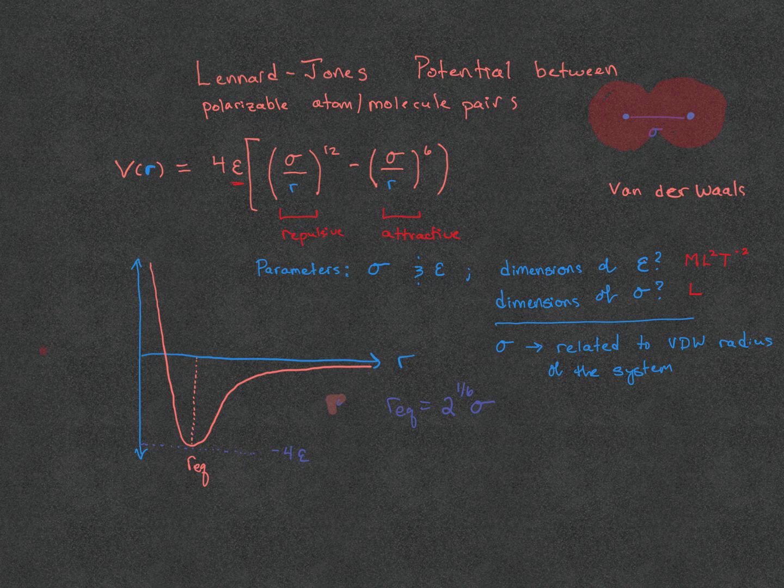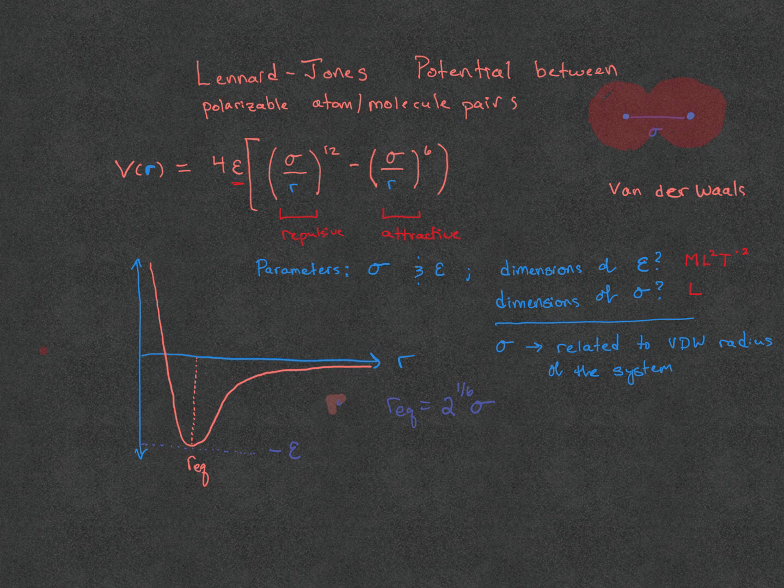Then you get the value of the minimum of the potential at that separation, and it's closely related to the magnitude of epsilon. I'm going to wager a guess that what you get is negative epsilon, but we're going to verify in lab. Okay.